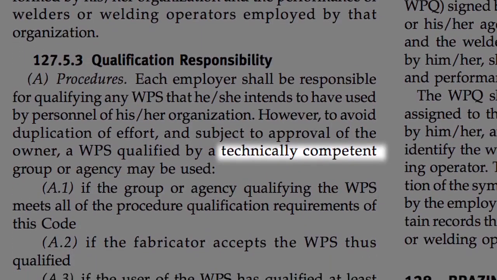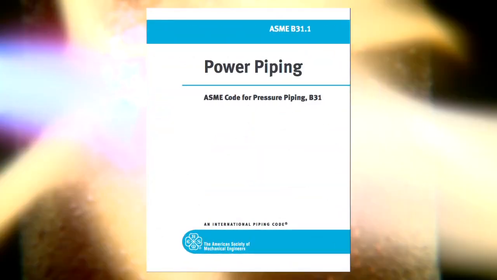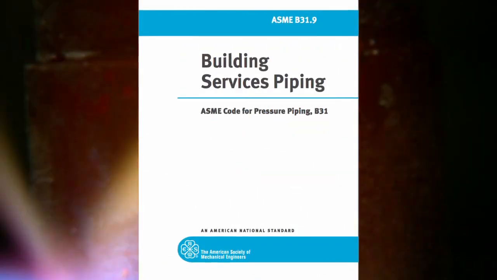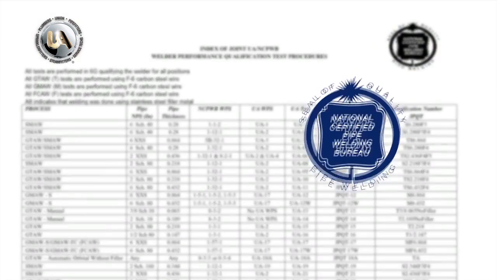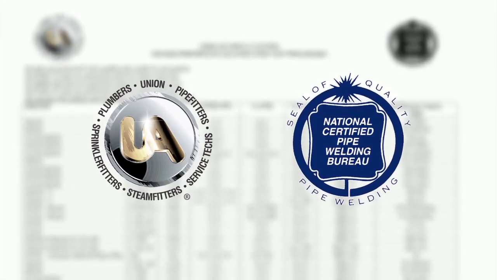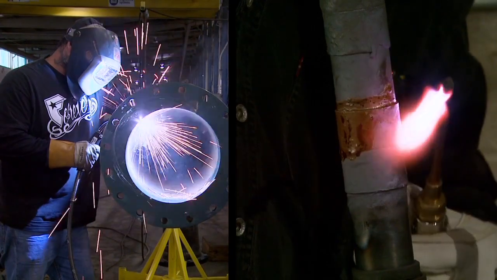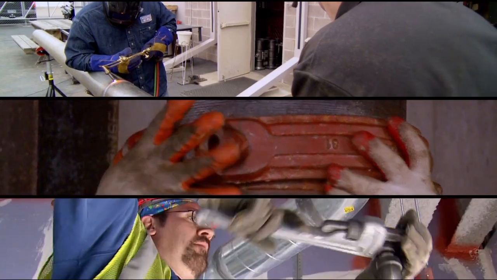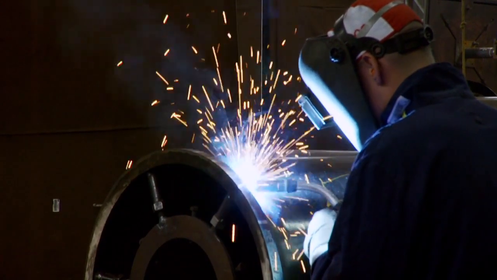The NCPWB is a technically competent organization as described in B31.1, B31.3, B31.5, and B31.9. As a result of the partnership of NCPWB with the United Association, welders go through a 5-year apprentice training program where they not only learn to weld and braze, but they also learn to cut, fit, and install piping safely and efficiently in accordance with the B31 codes and the engineer's drawings and specifications.